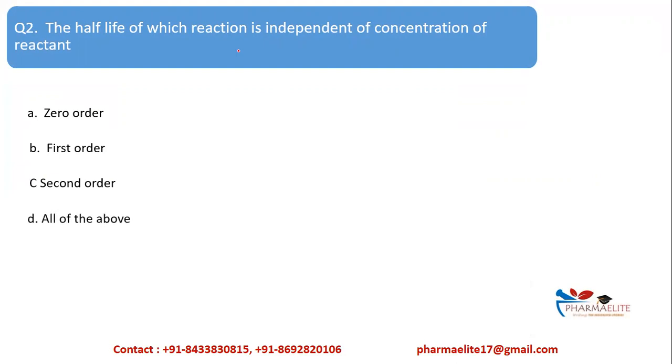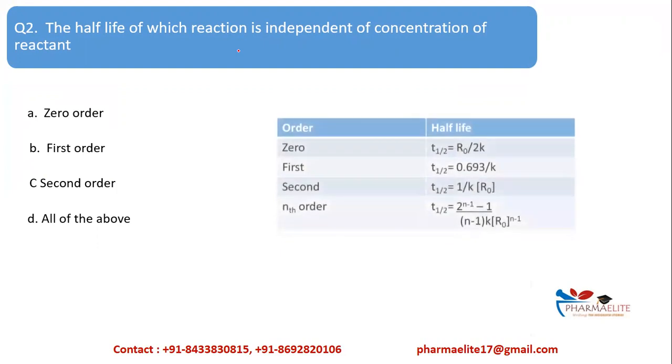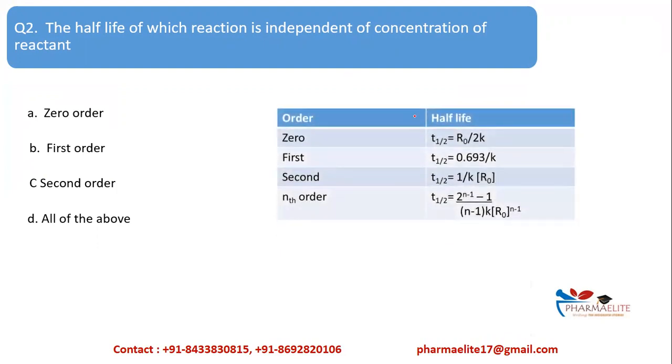Now to know this, again you need to know the half-life formula. For zero order, it was t half equals R naught upon 2K. R naught is the concentration term, so it is dependent on concentration. Here for first order, t half equals 0.693 by K. So it is independent of concentration because you cannot see any concentration term.